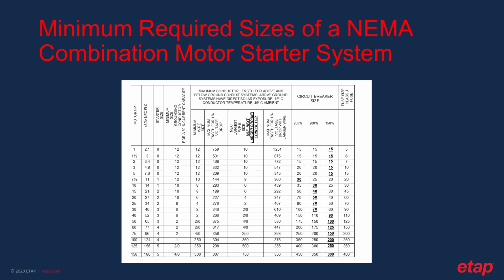This is a sample for NEMA, which is based on different motor horsepower, and it would give you the 460 volt NEC full load current and represent the starter size, conductor, and so forth. So this table can be used for sizing your protective devices as well.